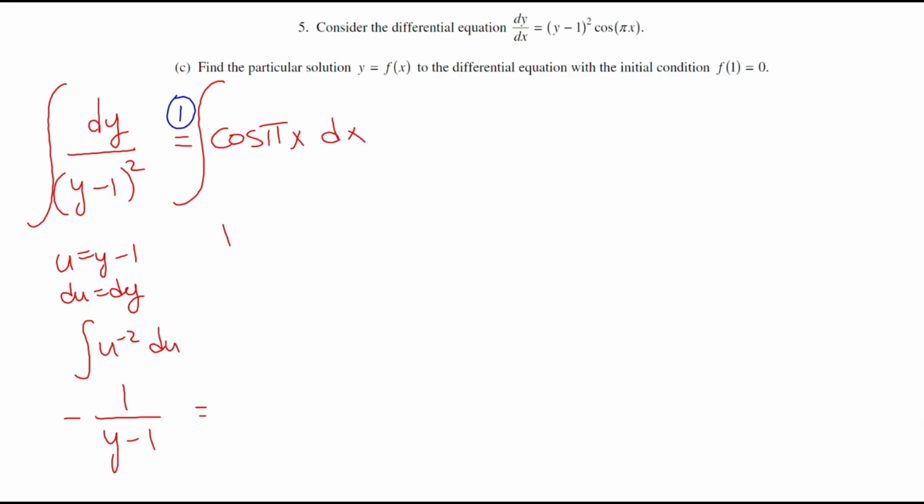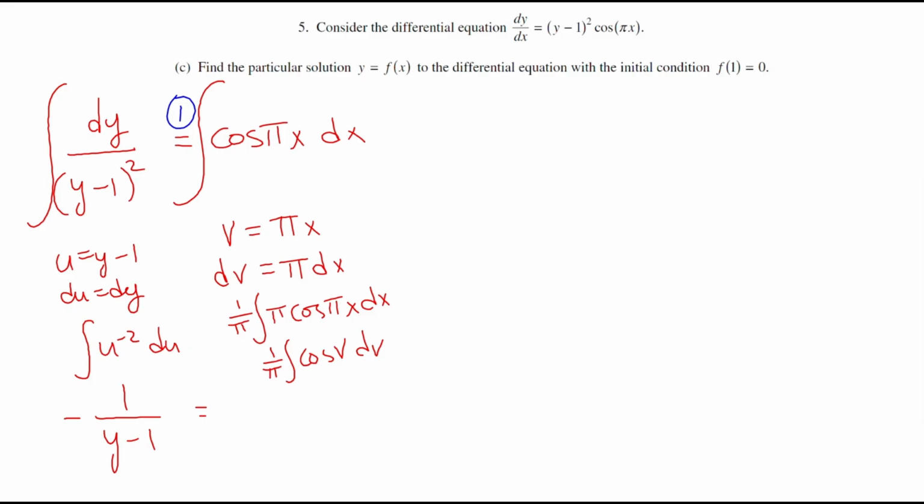So for this one, the substitution, we'll use v this time. v is going to equal pi x. So dv will be pi dx, which means I really need to add in a pi inside of here with a 1 over pi outside. So now it's pi times the cosine of pi x dx, which is just 1 over pi times the integral of cosine v dv.